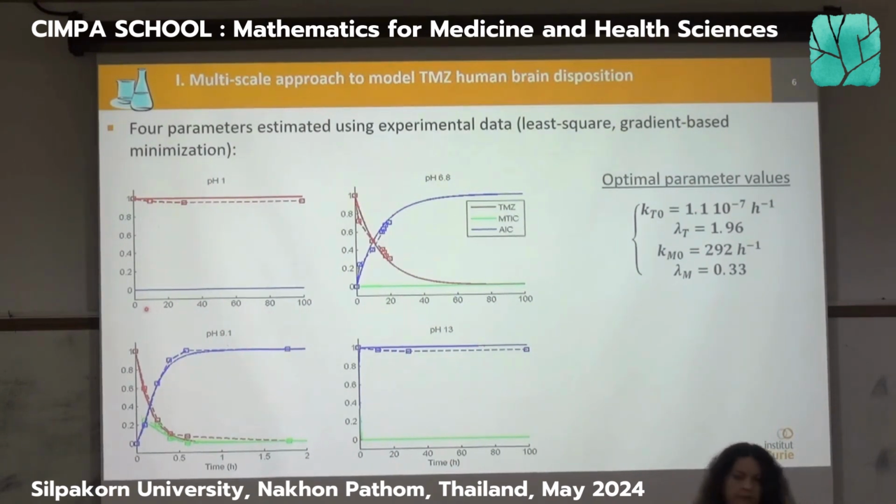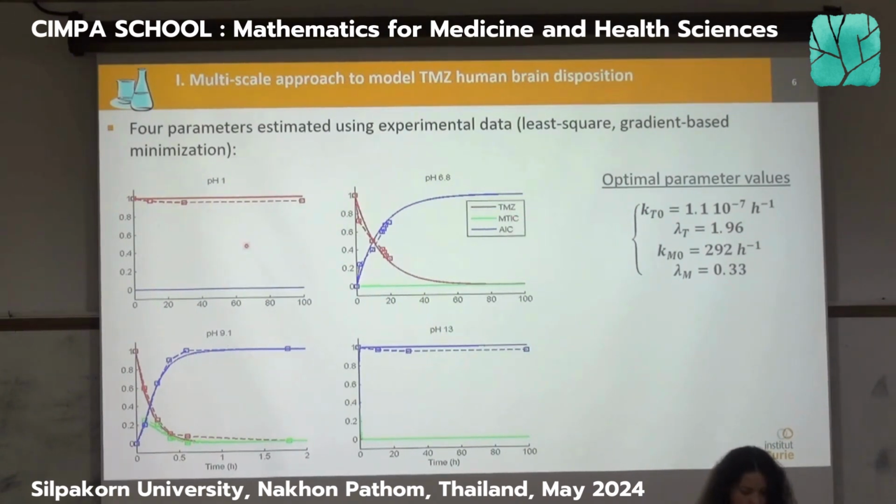Then for each subplot, the x-axis is the time, and the y-axis is either temozolomide, MTIC, or AIC, in different colors. Temozolomide is the first species, the one that you put in the solution, MTIC is the second species, and AIC is the last, inactive species. As you can see, you have different kinetics of activation for different pH.